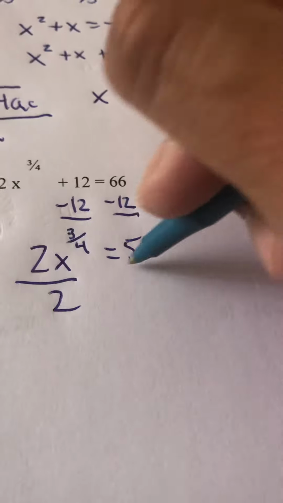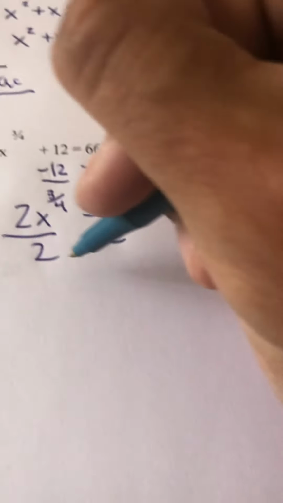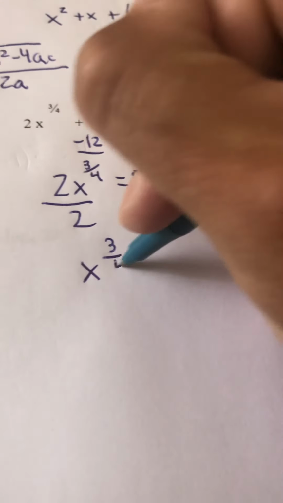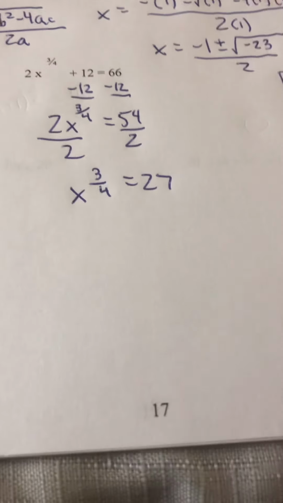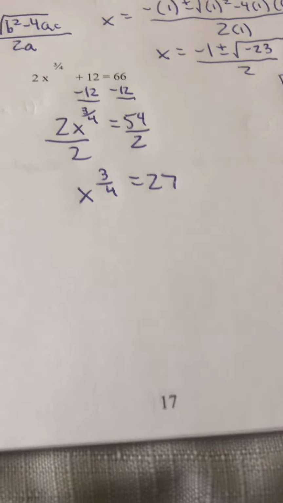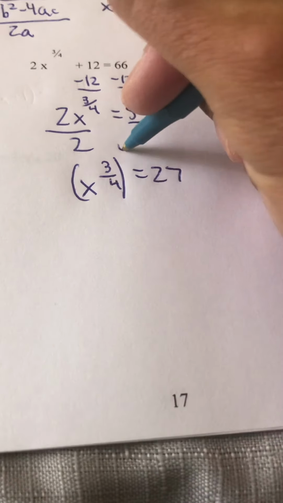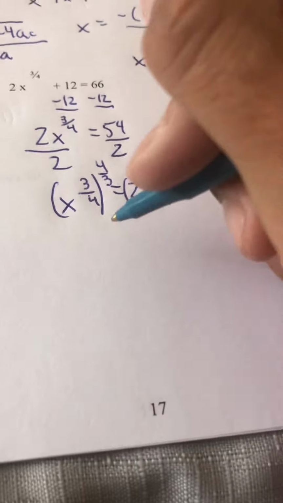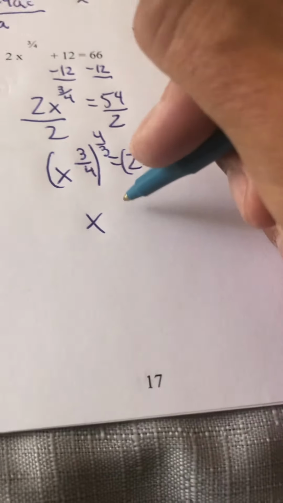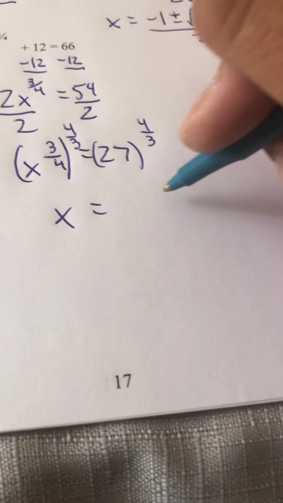We then divide by 2, and I have x to the 3/4 is equal to 27. The next thing that I'm going to do is take this to the 4/3 power. So I have 4 over 3 on both sides. So here on the left, I'll get x. On the right, I would get 27.